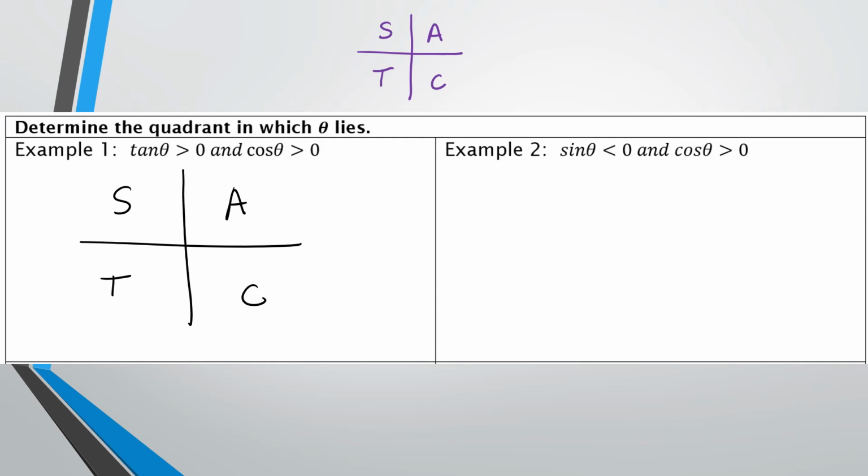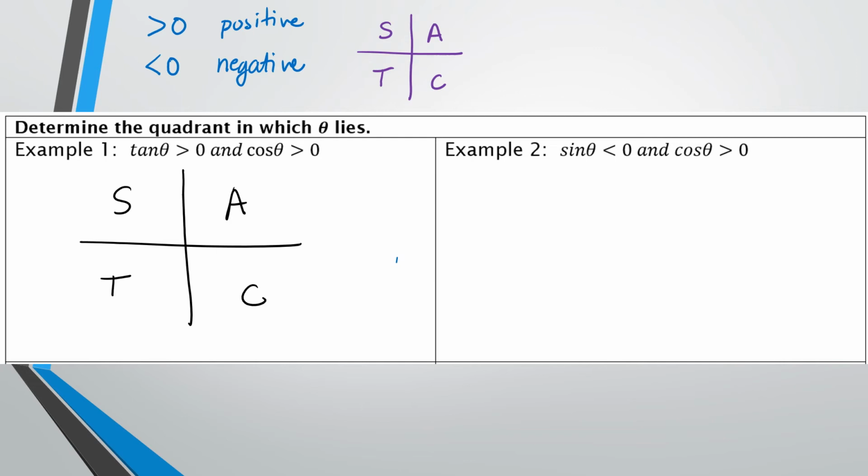We have that tangent is greater than 0, and I want to make sure this is really clear. Anytime it says it's greater than 0, we're talking about something being positive. And anytime it says it's less than 0, we're talking about that thing being negative.